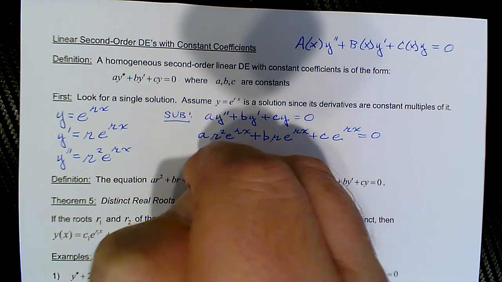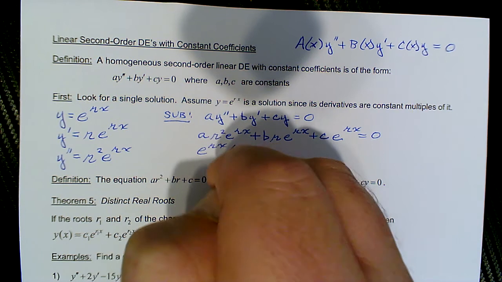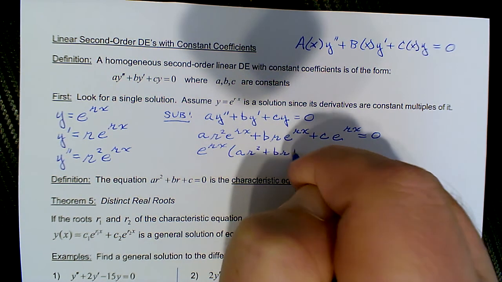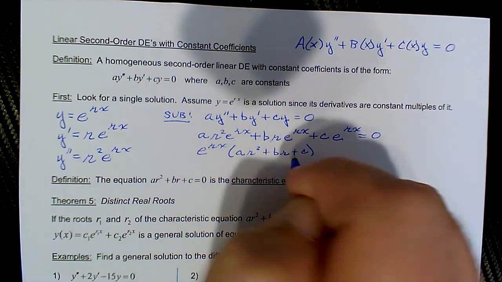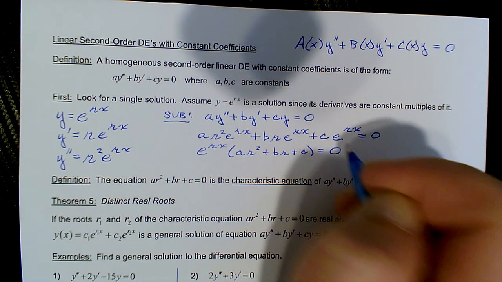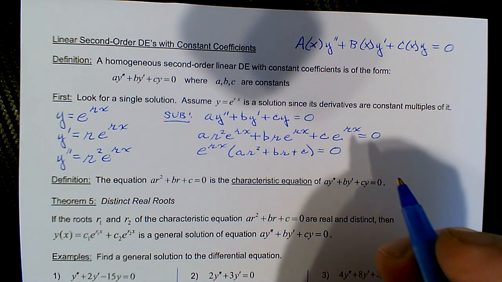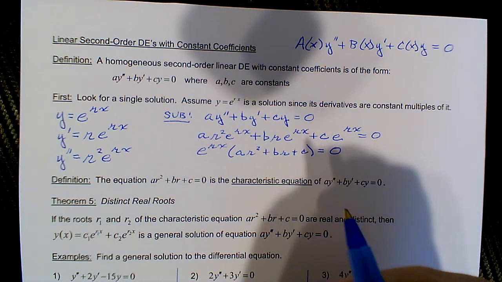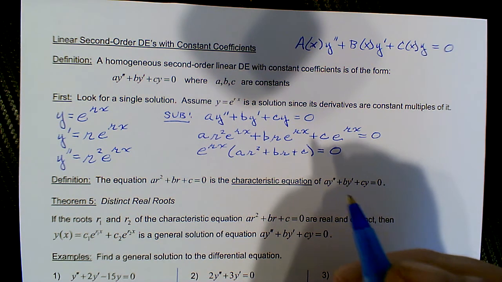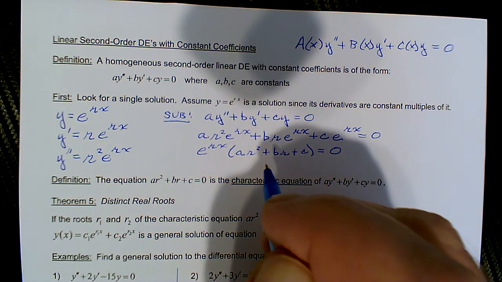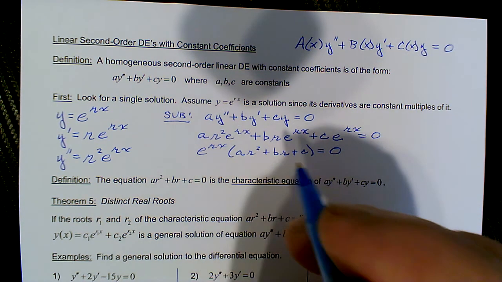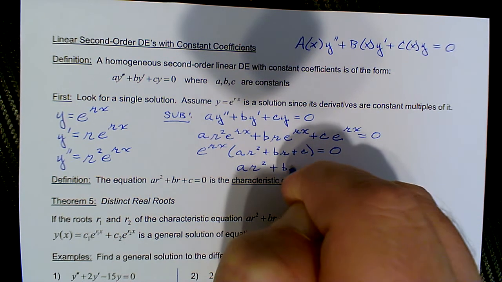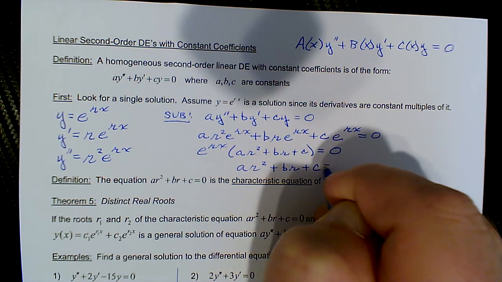And then if we factor out the e to the rx, we have ar squared plus br plus c, times e to the rx, must be 0. And then we could divide out the e to the rx, because no matter what x is, e to the rx is never 0, and so we get ar squared plus br plus c equaling 0.